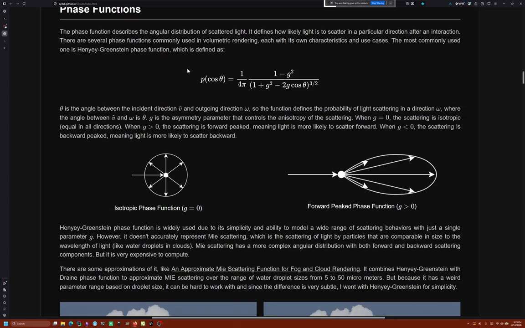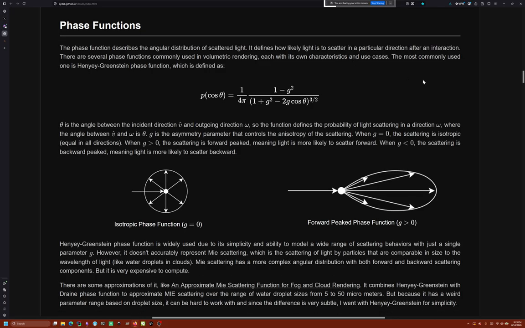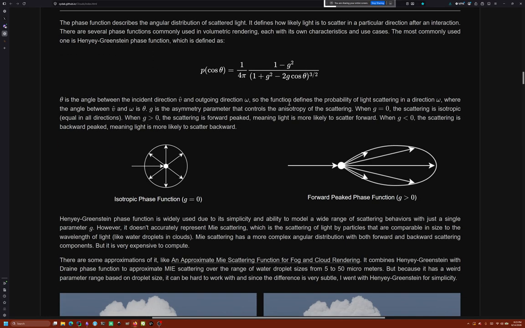Phase functions are angular distributions of scattered light. They define how likely light is to scatter in a particular direction after an interaction. Several phase functions are commonly used in volumetric rendering, each with its own characteristics and use cases. Most common is the Henyey-Greenstein, and it looks like this in terms of the angle theta.